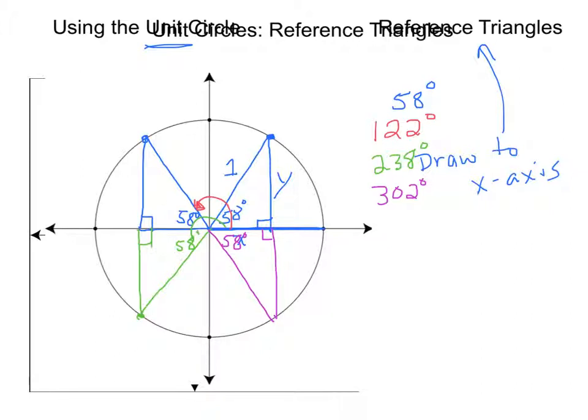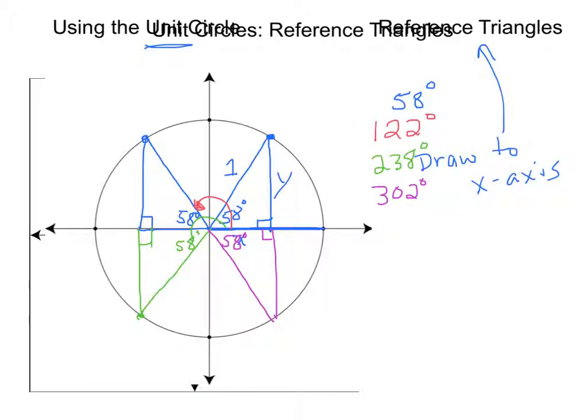Because if I look at, say, this reference triangle right here, that one, this adjacent side is positive and the opposite side is positive. And the hypotenuse is positive. So sine, cosine, and tangent are all positive in that quadrant. Okay? If I go over here, what's negative? What side is negative?